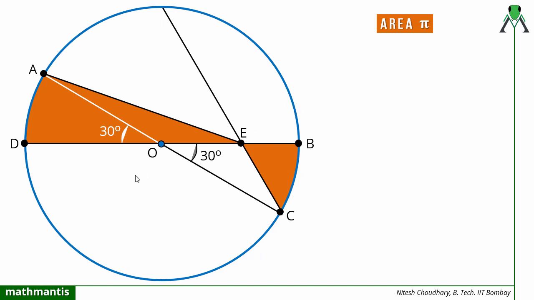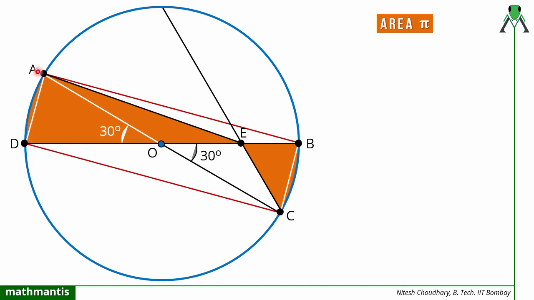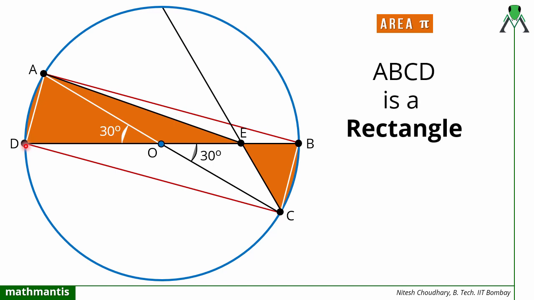Now in the next step, I will join these points, that is point A, B, C and D. This geometrical figure, we can say that this is nothing but a rectangle. Now how do we think of it? Because in this four-sided figure, that is a quadrilateral, let's take a look at the length of diagonals AC and BD. These two lengths are equal.